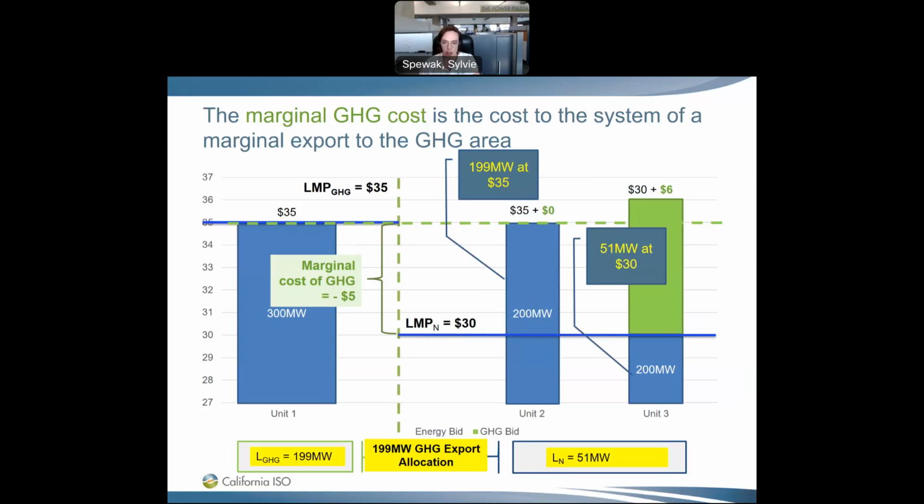And since we're shifting a megawatt from a regulated area to the non-regulated area, Unit 3 only costs the system $30 per megawatt hour. So relaxing the GHG export allocation in this case saves system costs $5. And that's going to be our marginal cost of GHG.